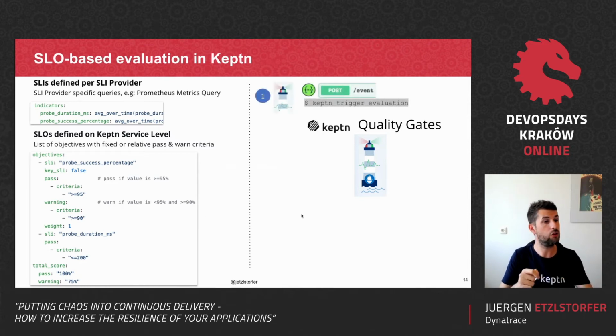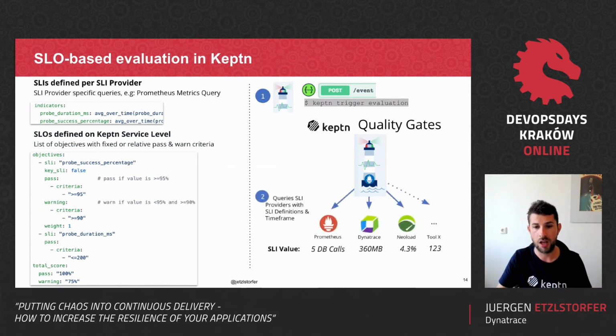So how can we trigger it? We can use the Keptn CLI, or just the Keptn API, to trigger quality gate evaluation for a given time frame. Keptn will reach out to the data providers, query the data, and evaluate it based on the criteria we have here.